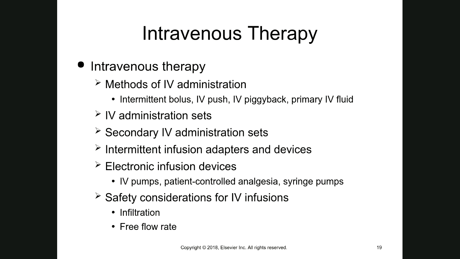It can be insulin. It can be so many different things with piggyback. So you have to be very careful, because there are so many things you cannot use the same tubing with.